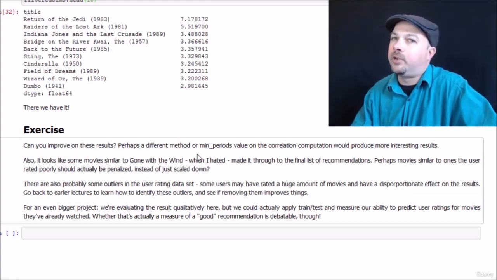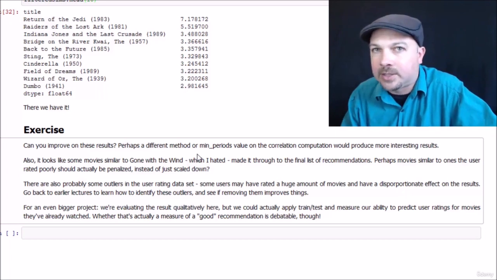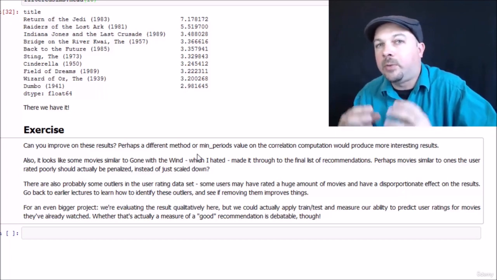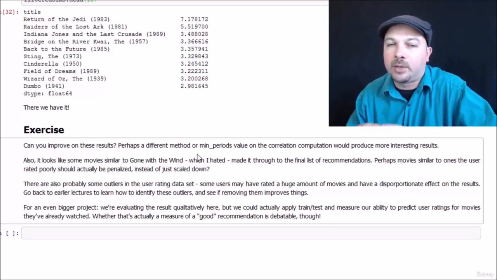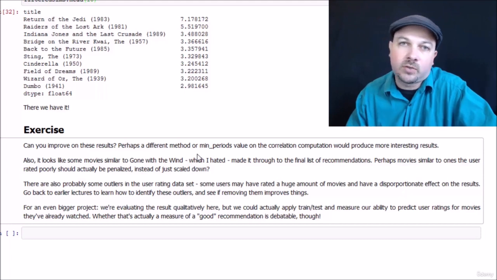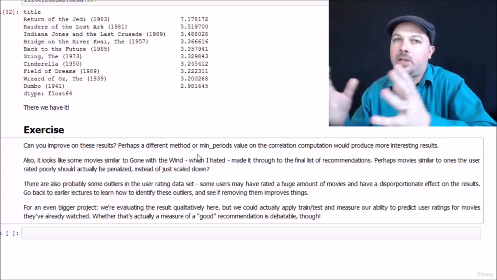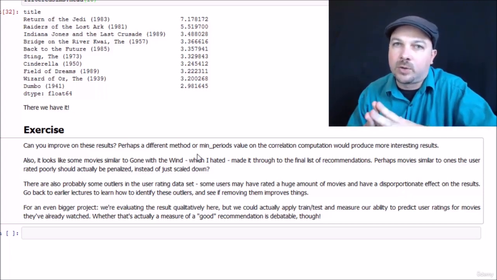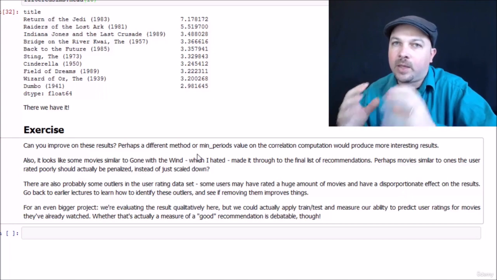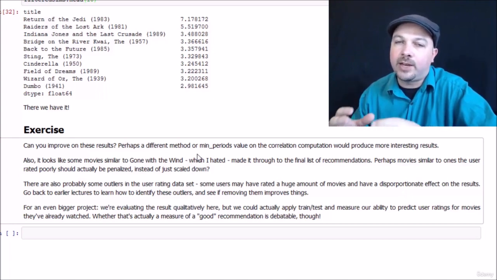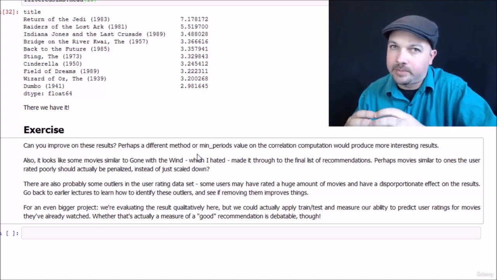And if you really want a big project, if you really want to sink your teeth into this stuff, you could actually evaluate the results of this recommender engine by using the techniques of train/test. So what if instead of having an arbitrary recommendation score that sums up the correlation scores of each individual movie, you actually scale that down to a predicted rating for each given movie?